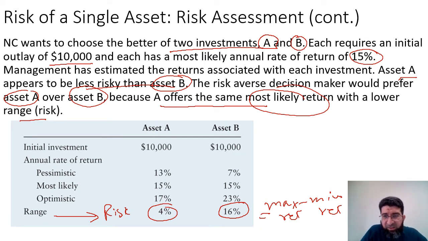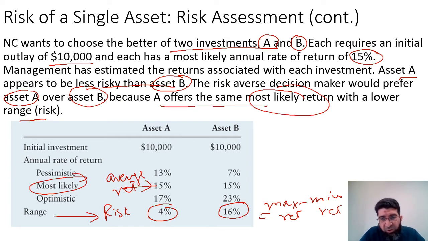The higher the spread is, the more risky it is. The less the spread, the more concentrated the returns are in a small space, hence there is less risk and obviously there should be low return. But in this example, it's interesting that the return is the same, most likely is 15%, which is the average return. However, the risk varies.